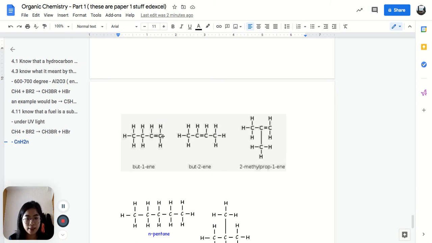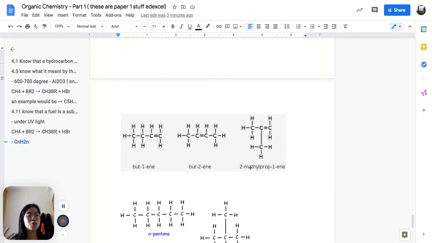It doesn't matter, and that is why when the double bond is linked to either end, we call it but-1-ene, which is also called butene. But you should mention but-1-ene in the isomers question, because that would be more obvious to the examiner that you know what you're talking about. So but-2-ene has the double bond in the middle of the isomer, and that's why it's called but-2-ene.